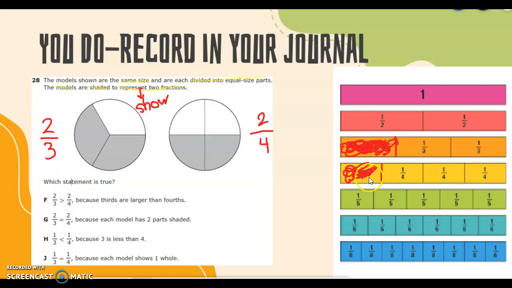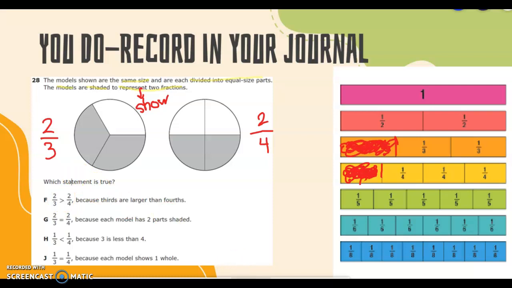But remember, we are talking about fractions. So fractions are smaller than whole numbers already. So the bigger the denominator, the smaller the pieces. So 4 is greater than 3 when we're talking about whole numbers. But when we're talking about fractional parts, it's actually smaller because we have more pieces here, or smaller parts here.